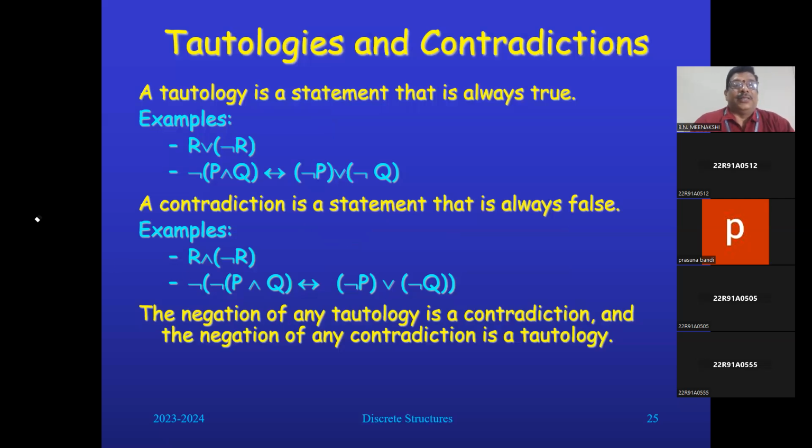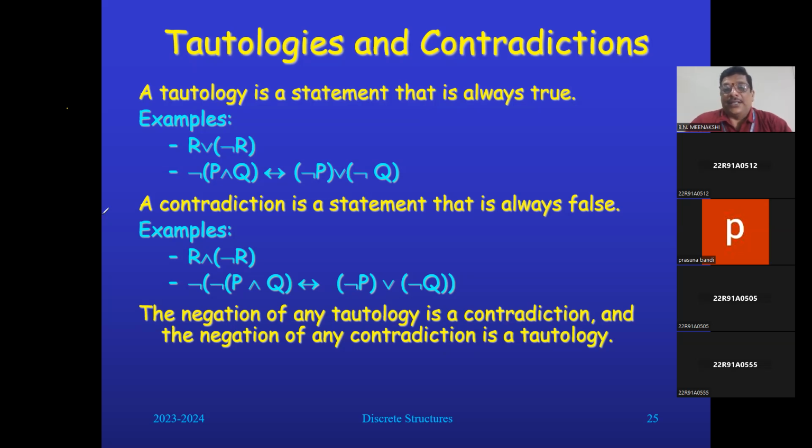The second example given here: negation of P conjunction Q, double implication, negation of P disjunction negation of Q. This is another example that represents a tautology. A tautology is when the resultant statement is always true.